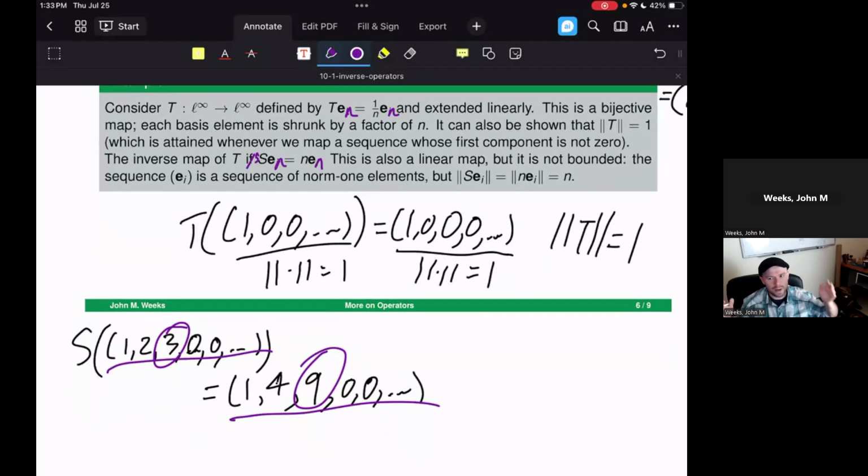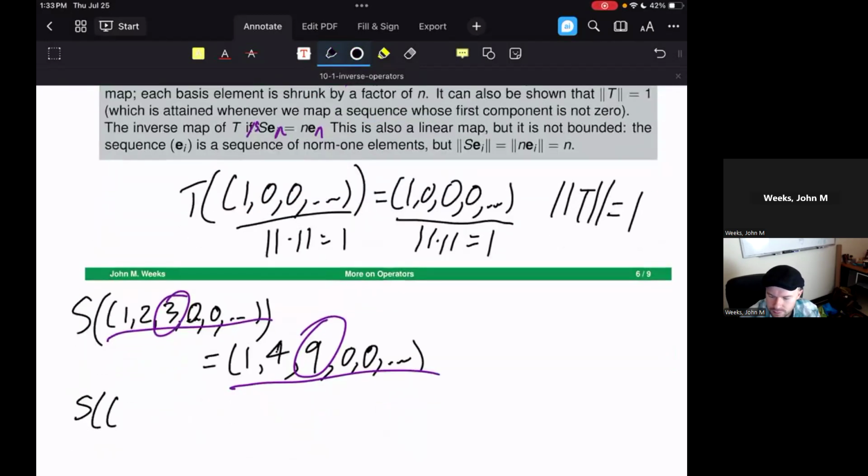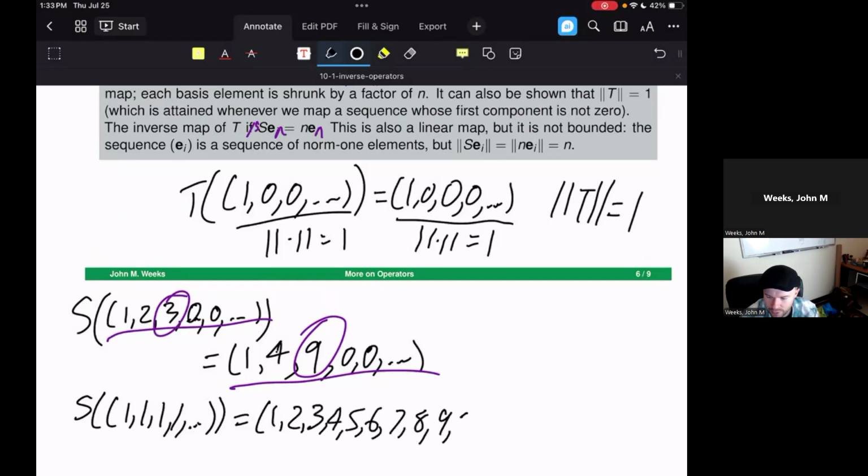If we kept going with these sequences and even just looked at a sequence like S of 1, 1, 1, 1, and so on, the sequence element that we end up getting is going to keep growing and growing as long as you have ones inside of that sequence.